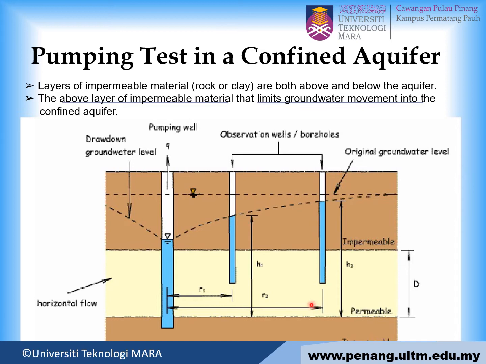Then we have H1, the height from the impermeable layer at the bottom to the new groundwater table after drawdown at observation well 1. H2 is the height from the impermeable layer to the new groundwater table after drawdown at observation well 2. And then you have D, the depth of aquifer.